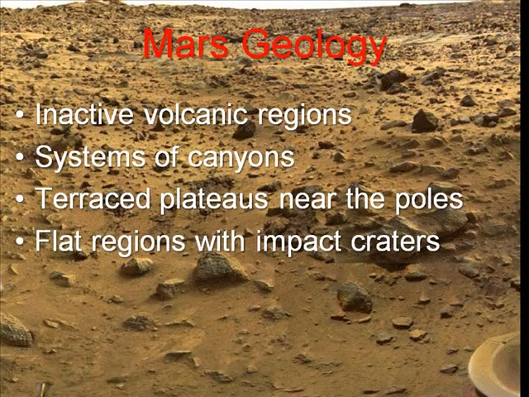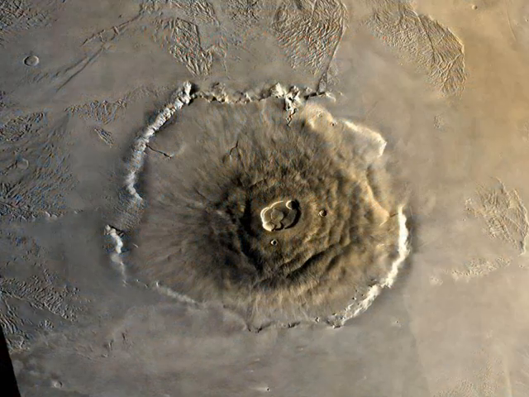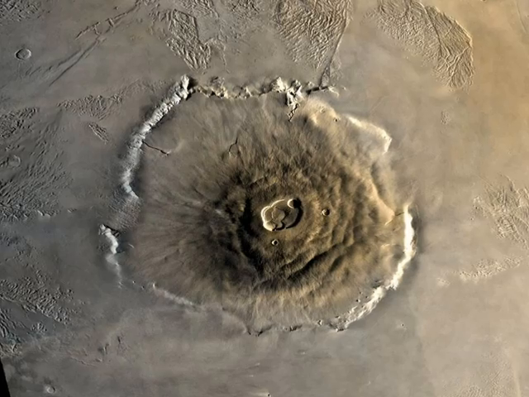Here's a picture from one of the probes that have visited Mars, and you can see some of the Mars geology of the landscape. There are inactive volcanic regions, there are systems of canyons, there are terraced plateaus near the poles, and there are flat regions with impact craters. Here's a picture of Olympus Mons.